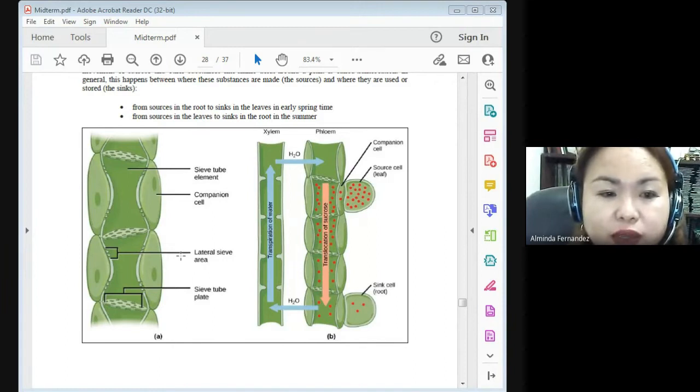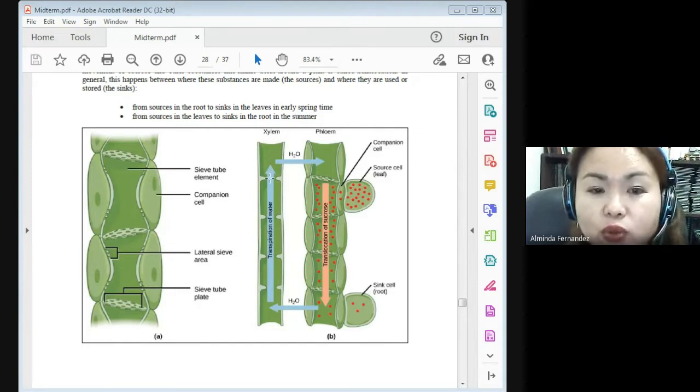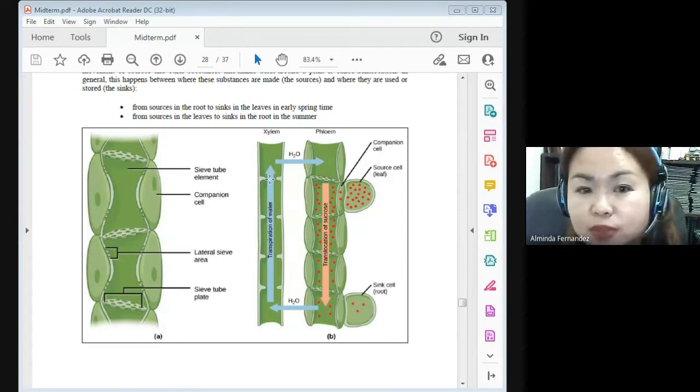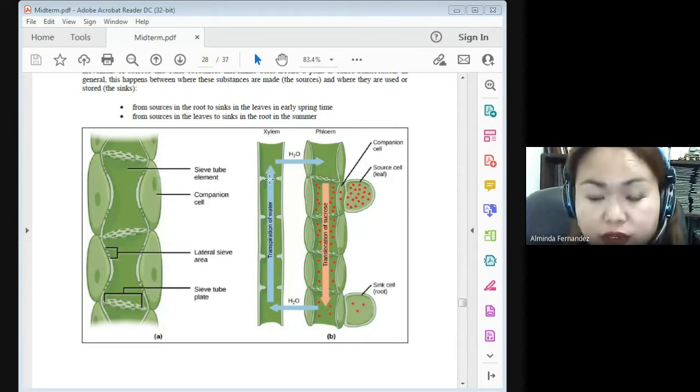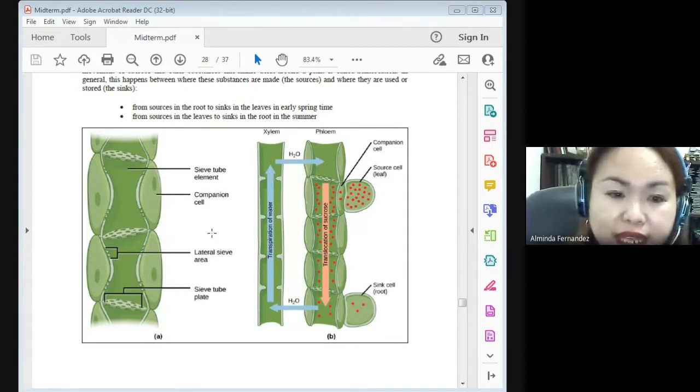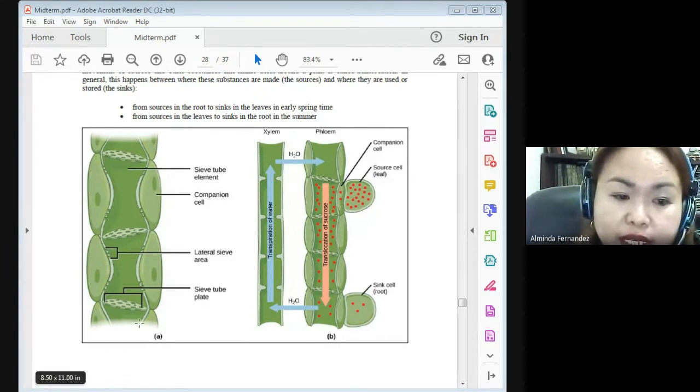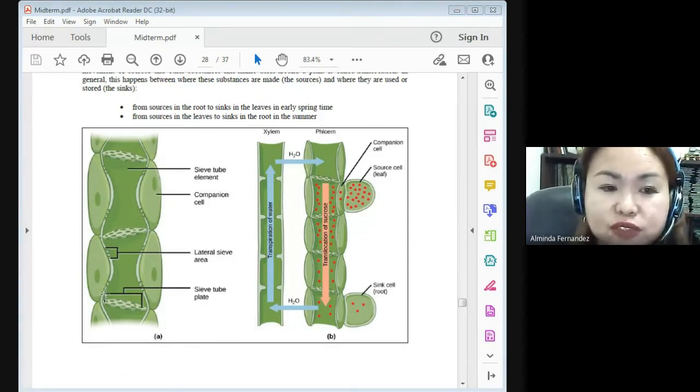Na it means it will use ATP para ma-transfer siya, no, from the source to the sink as shown on the video. Now, take note, no, fertilizer or nutrients will not be moved without water, especially from the roots. So it has to be accompanied by water, and water has this certain physical characteristic because of its hydrogen bonds, it has the adhesive.